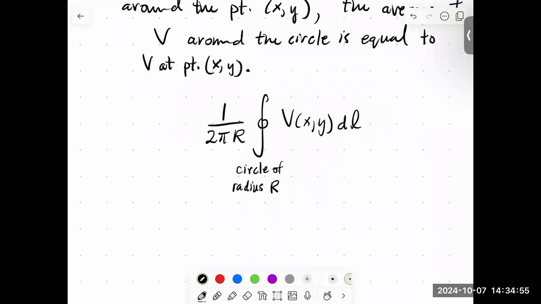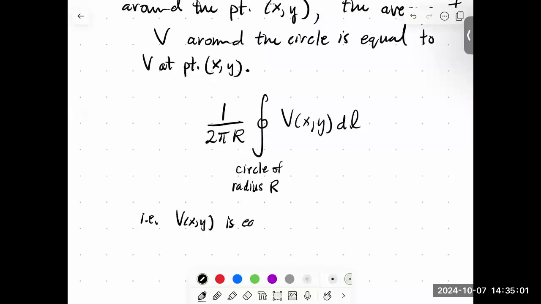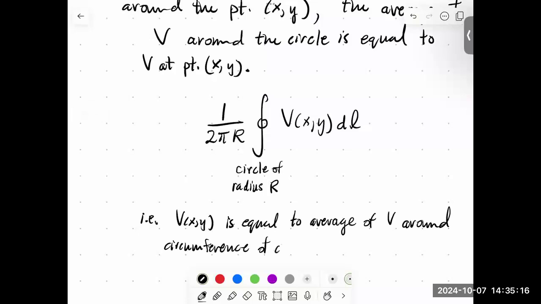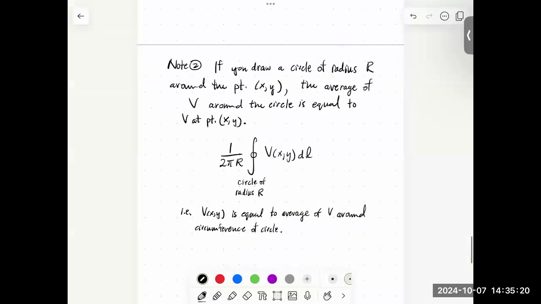Okay, so this means that V of x, y is equal to the average of V around the circumference of the circle. All right, so that's our second note.